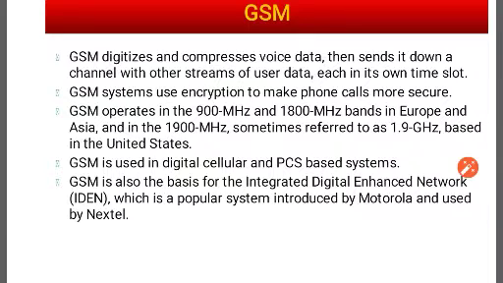It operates in the 900 megahertz to 1800 megahertz bands in Europe and Asia, and sometimes it is referred to as 1.9 gigahertz, which is in the United States. So this is just the statistics.